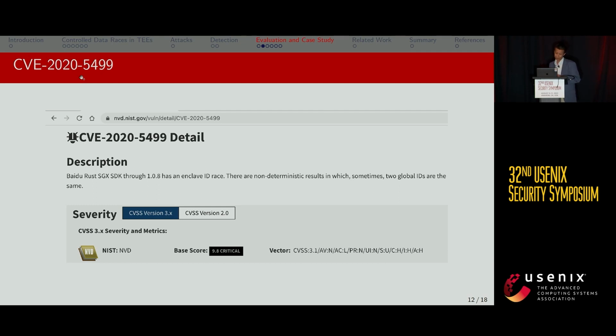One is CVE-2020-5499, in the Baidu Rust SGX SDK, which has an enclave ID race. That means when you start enclaves, you can have two enclaves with the same ID. This is malicious, and the severity is 9.8 out of 10.